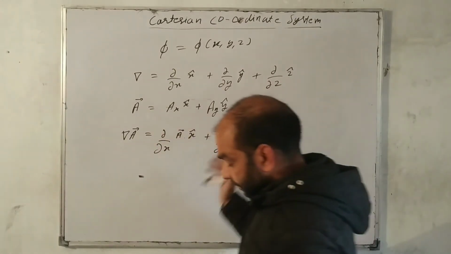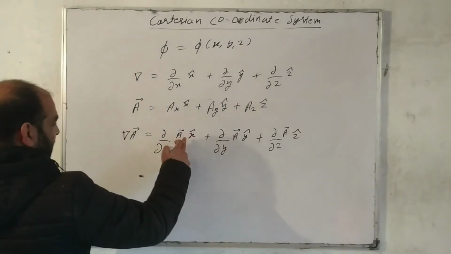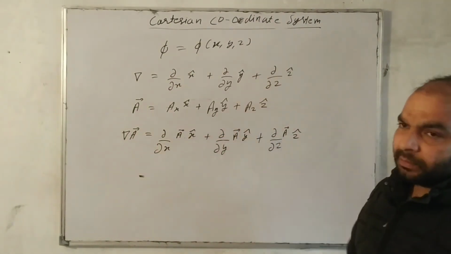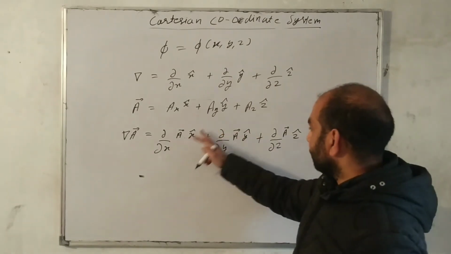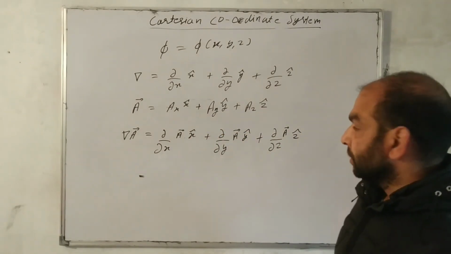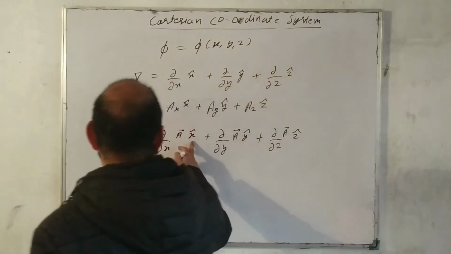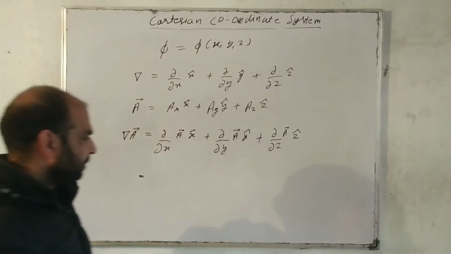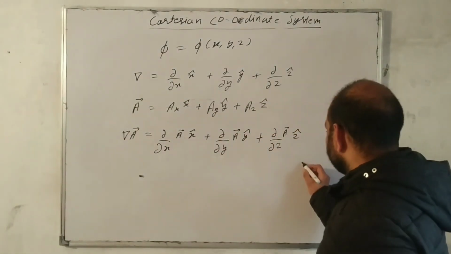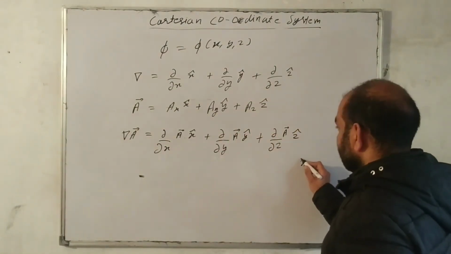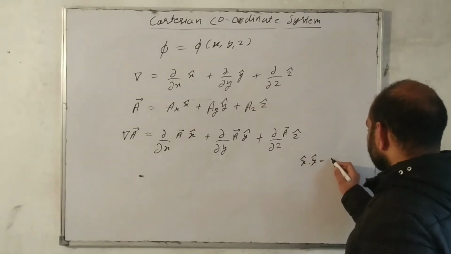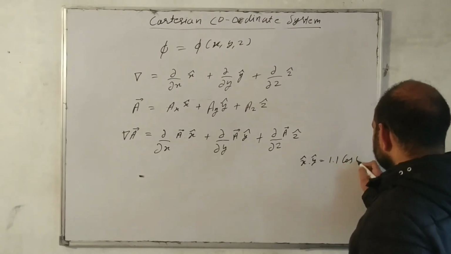Now what will happen when we write the full vector, meaning the components of A vector? This x dot y will become 0 and x dot z will become 0, but x cap dot x cap will become 1, because x cap dot y cap equals 1 into 1 cos theta.